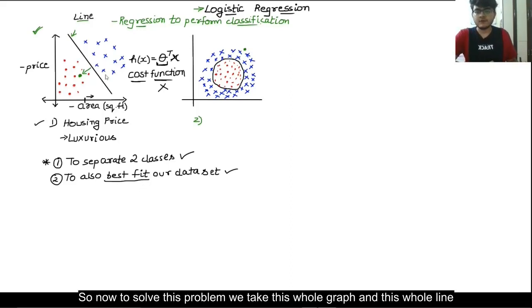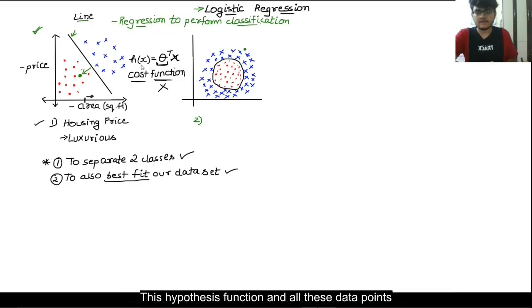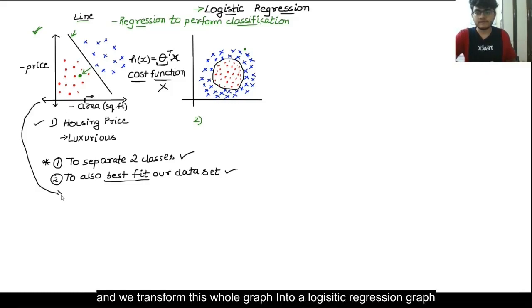So now to solve this problem, we take this whole graph and this whole line, this hypothesis function and all these data points, and we transform this whole graph into a logistic regression graph.